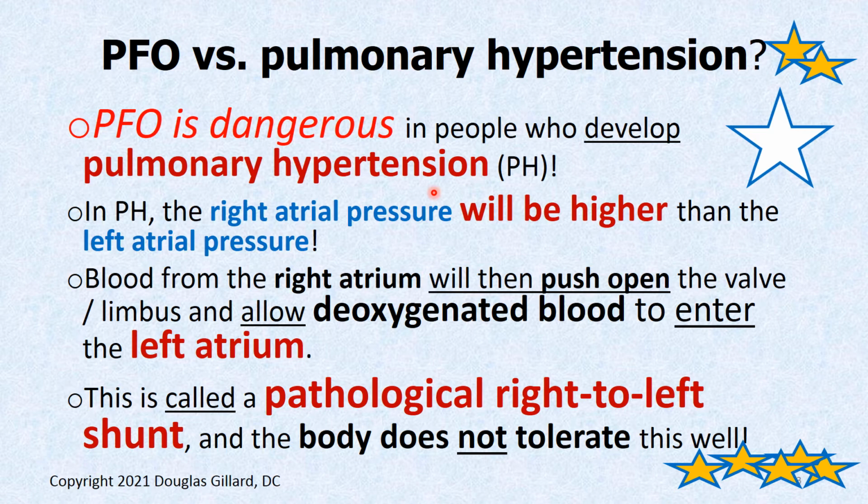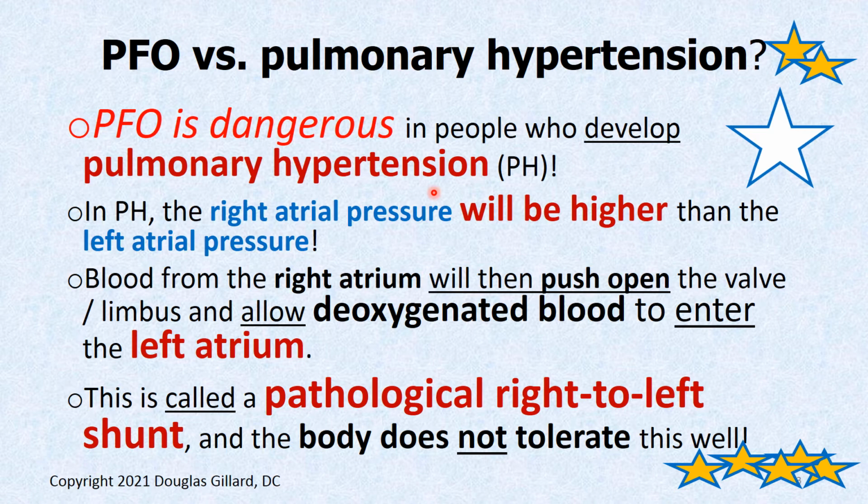And the problem is, in the right atrium, do we have oxygenated or deoxygenated blood? Deoxygenated blood. The body does not like deoxygenated blood mixed into fresh oxygenated blood. It doesn't mind if you lose oxygenated blood into the deoxygenated blood, because the percent of oxygen in the blood is still the same.